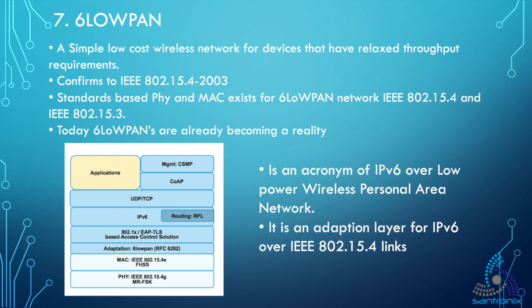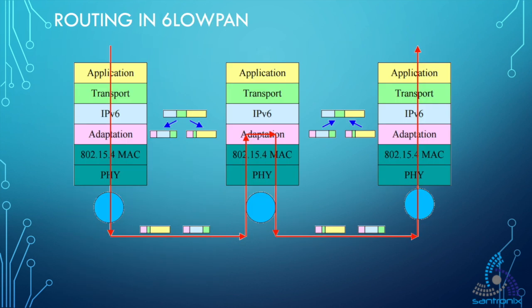It can be used with IoT devices which have very constrained hardware, and it can be used for applications where longer range is required. So even in smart cities or smart meters, a lot of advantages are there in using 6LoWPAN. This is the routing in 6LoWPAN, as we can see.